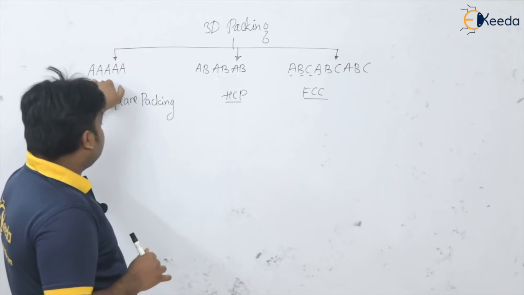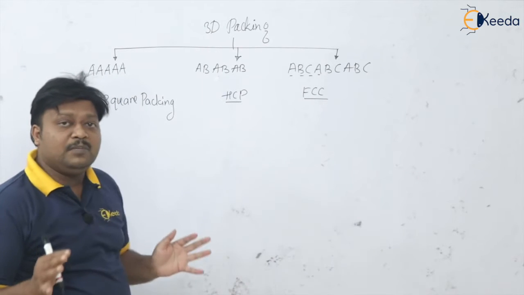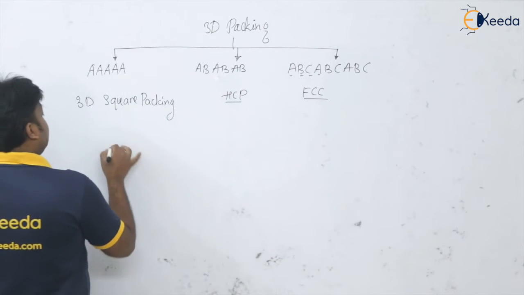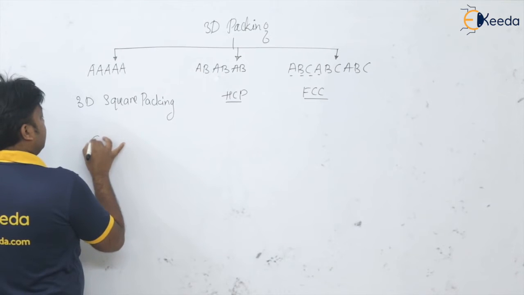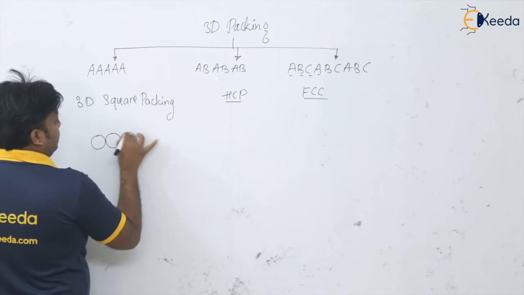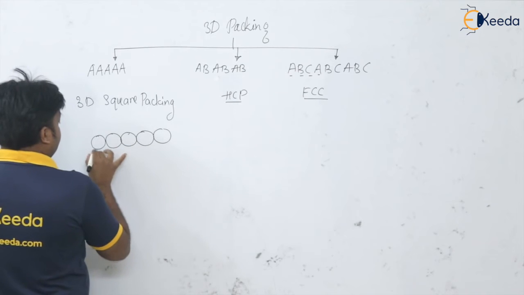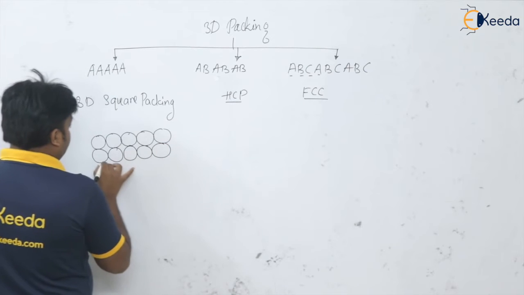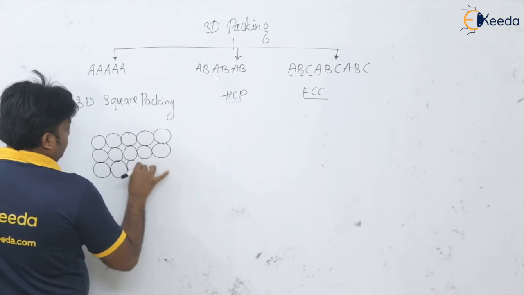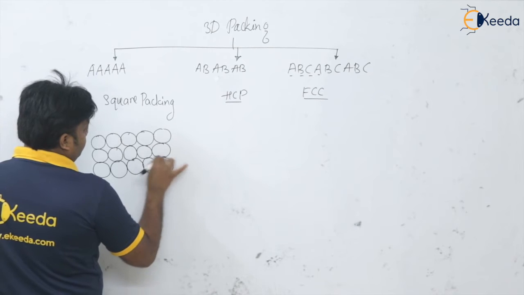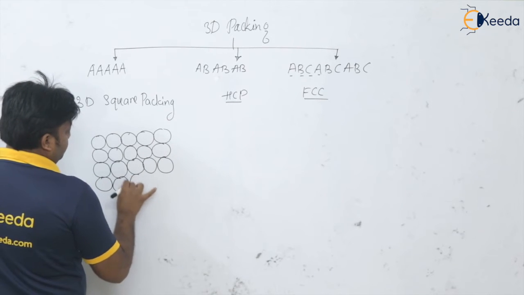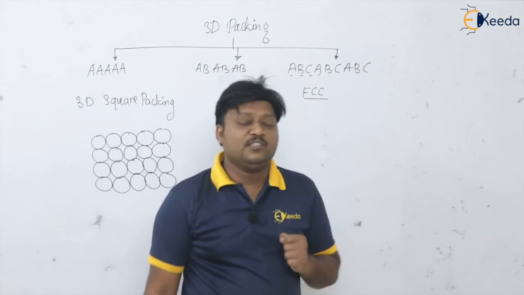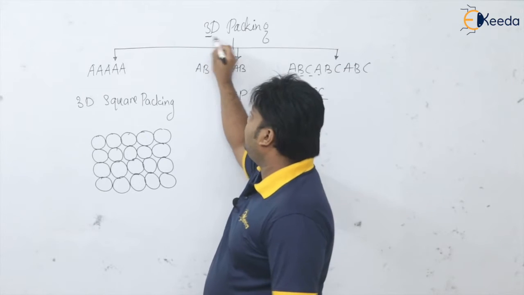So this layer is the 2-dimensional square packing layer that we saw, it is like that only, but here in 3-dimensional how it will be, I am drawing here. So this is the basic 2-dimensional square packing, but here we are seeing the 3 dimensions.